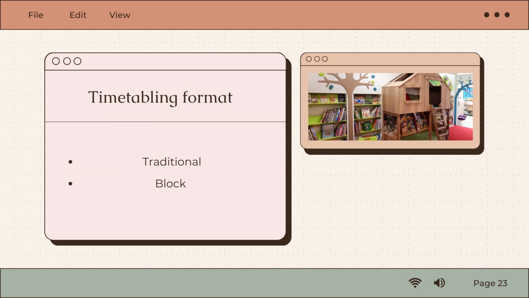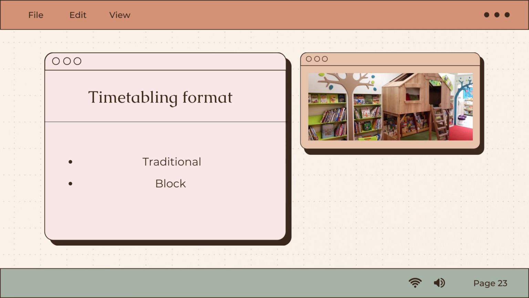So in timetabling format, there are different types of timetable formats used in school. The most common types are traditional and block. So you may see the teacher using the traditional timetable in some schools where the reform curriculum is yet to be taken up.